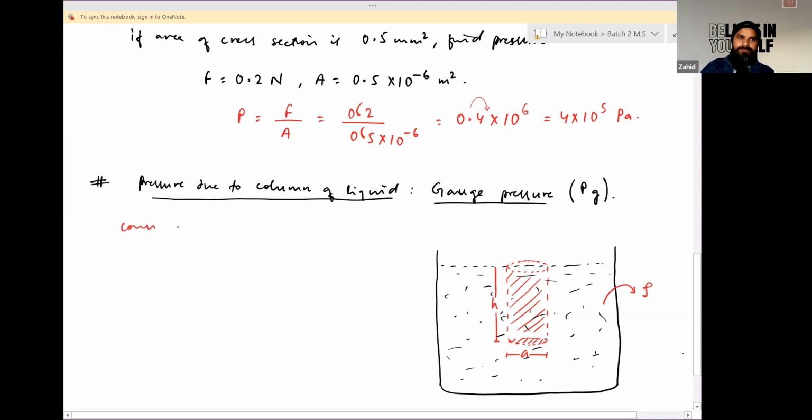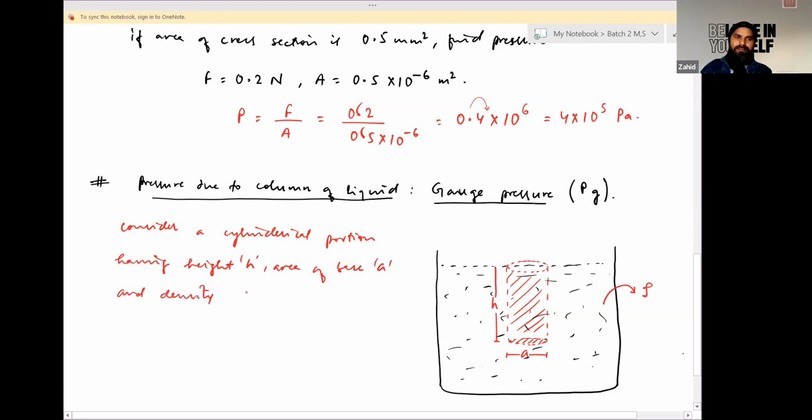So consider a cylindrical portion having height h, area of base A, and density rho.